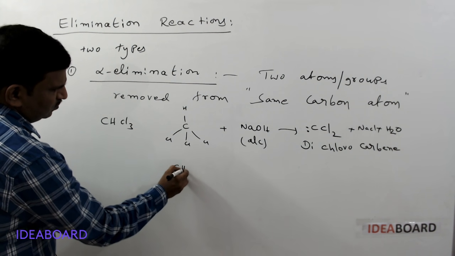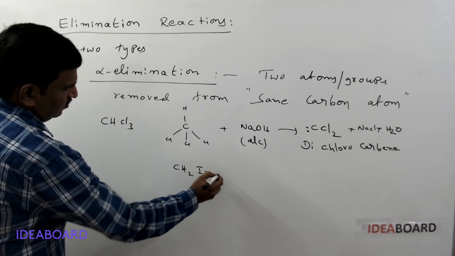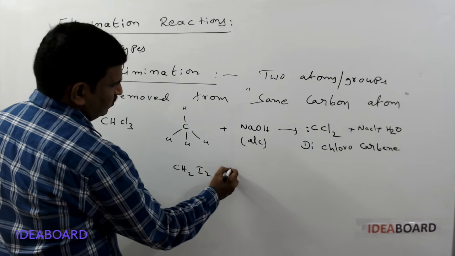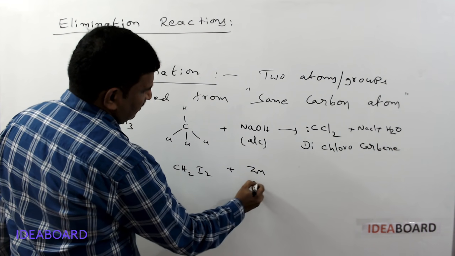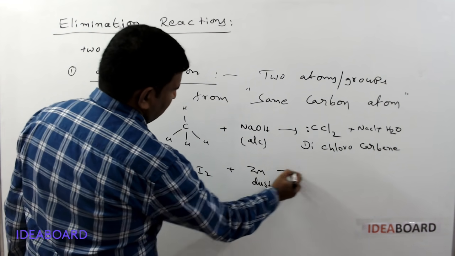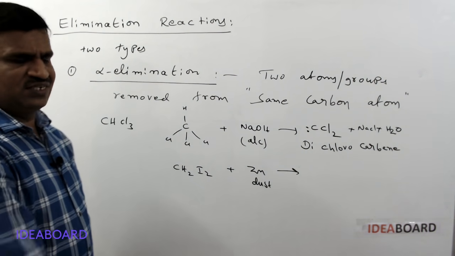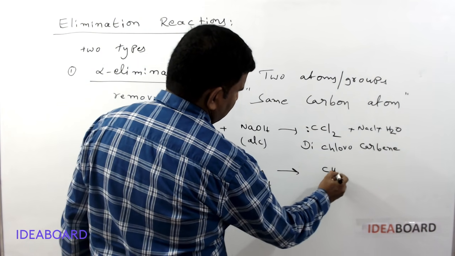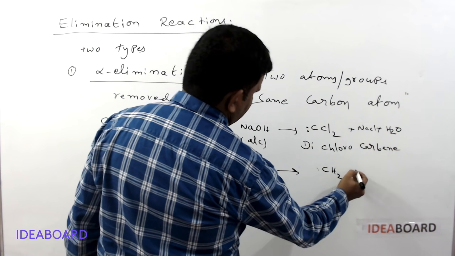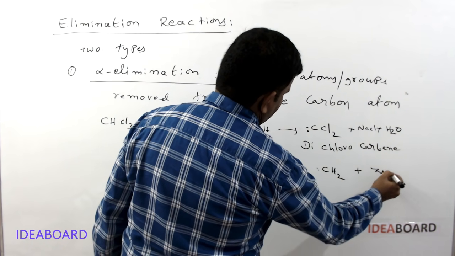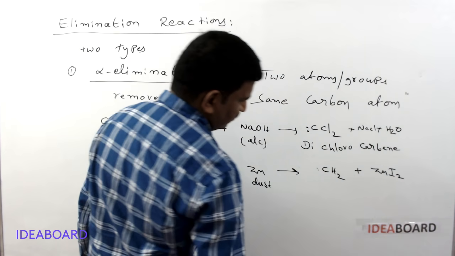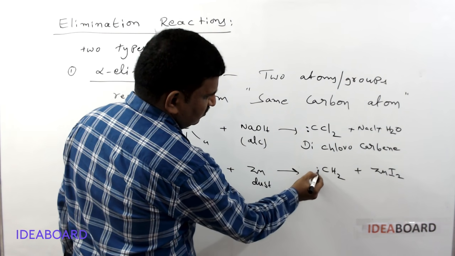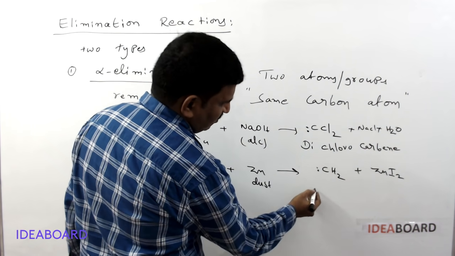Similarly, CH2I2. If you have CH2I2 reacting with zinc dust, which is a dehalogenation reagent, then it forms CH2 with 2 electrons plus ZnI2. Here 2 electrons are present on it, and totally it contains 6 electrons.